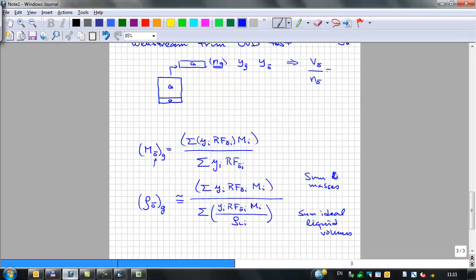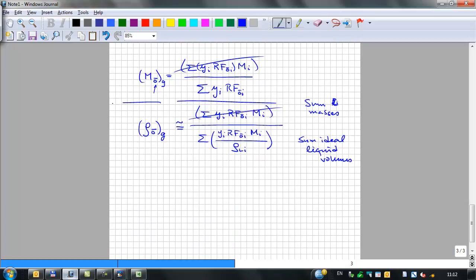But that's equal to this over this, right? That's surface volume per mole. If we take that divided by that, you see this term cancels, right?